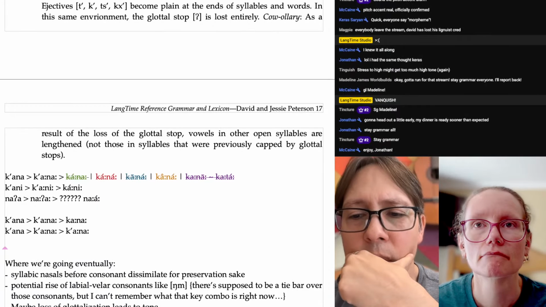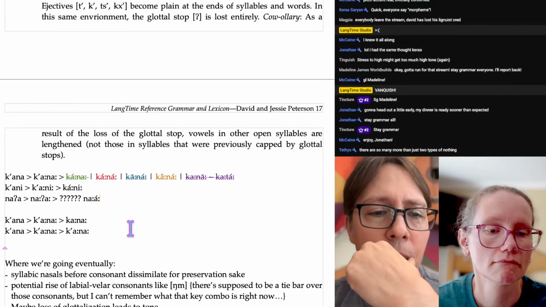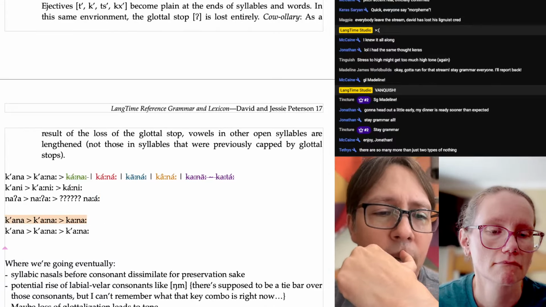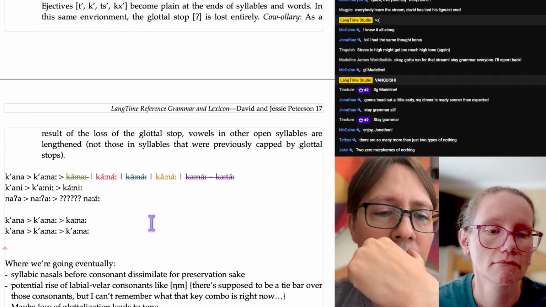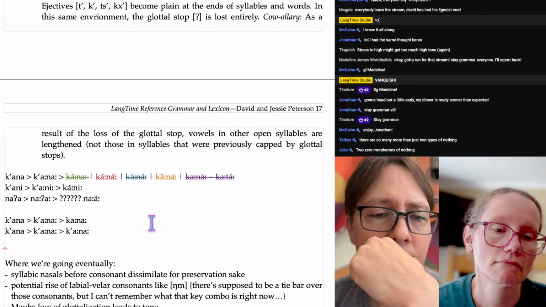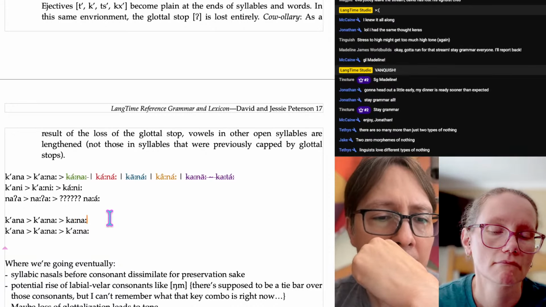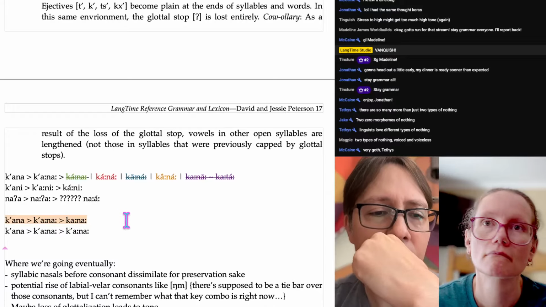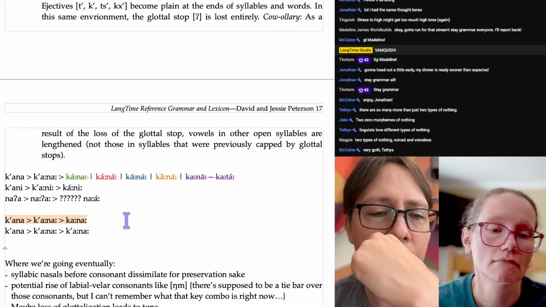Which of those types of nothing are we happy with? I was somewhat uncomfortable with losing the ejectives and nothing happening at all. Because I feel like the only reason they should be lost is if there's some competition with something else.